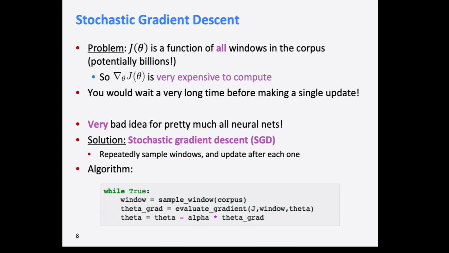This is an amazingly noisy estimate of the gradient, but it doesn't matter too much, because as soon as we've done it, we choose a different center word and do it again and again, so that gradually we approach what we would have gotten if we'd looked at all of the center words before we took any steps. But because we take steps as we go, we get to the minimum of the function orders of magnitude more quickly. This shows the simplest case, where we're just sampling one window.